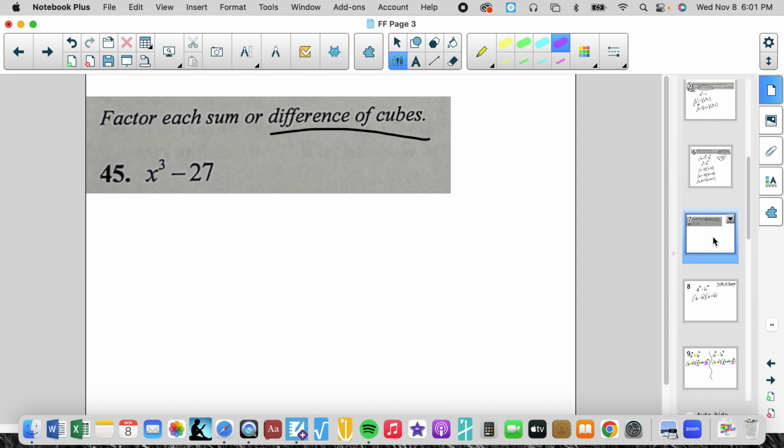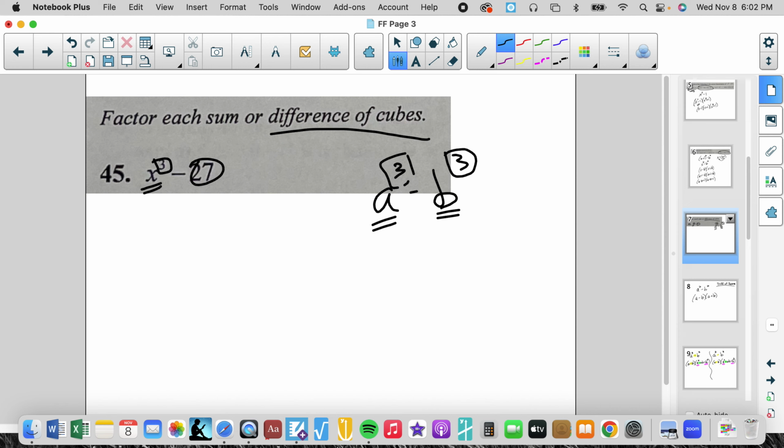So I'm going to write it, and then I'm going to show, so a cubed minus b cubed. What is my base? The base being cubed. Well, x is being cubed, and then can I write 27 as a cube? Yes, as 3 cubed.